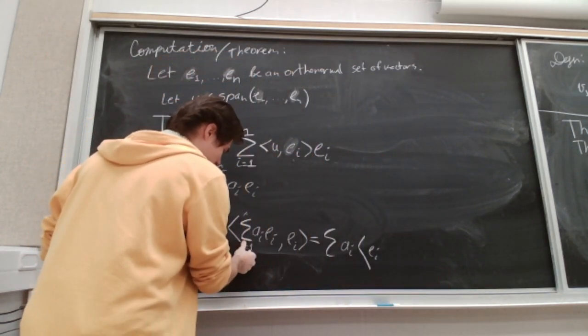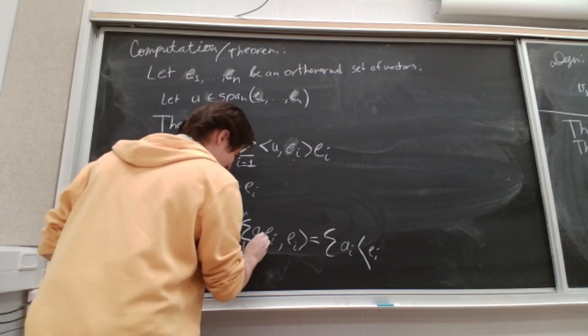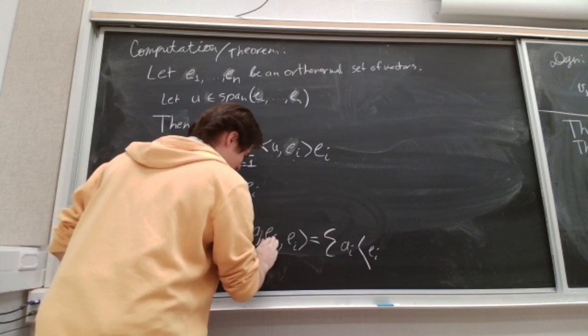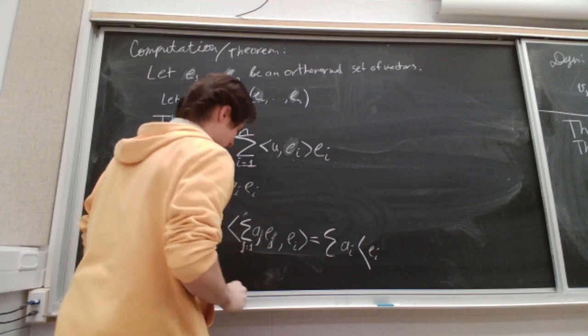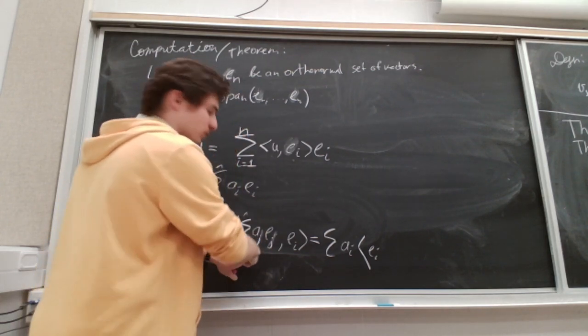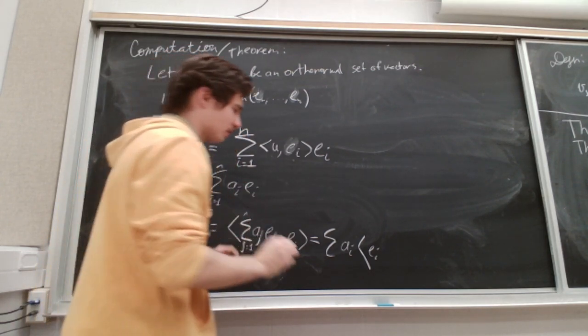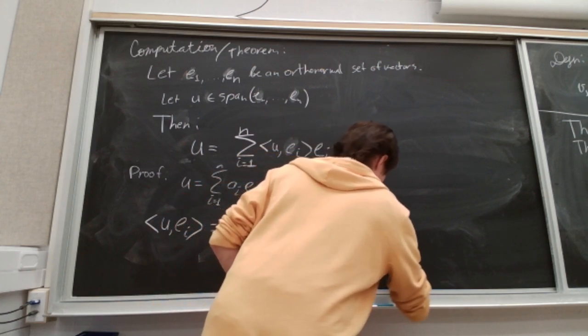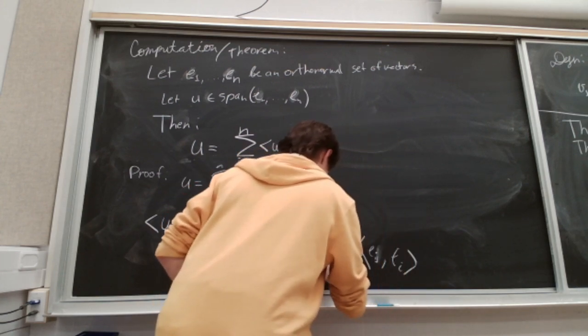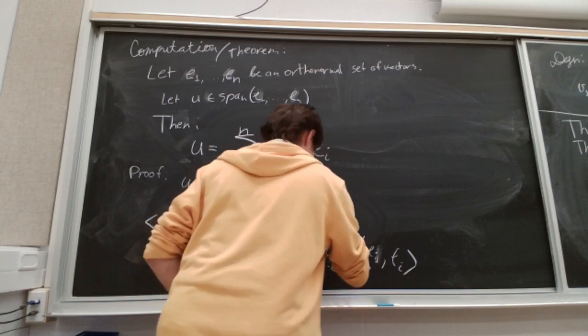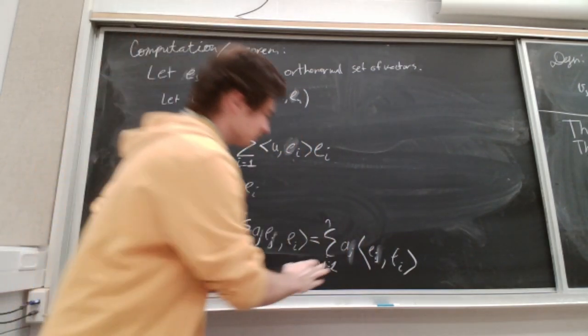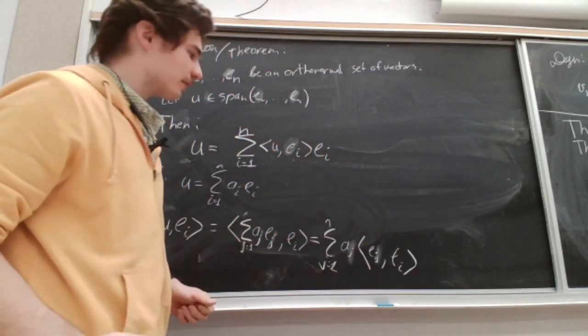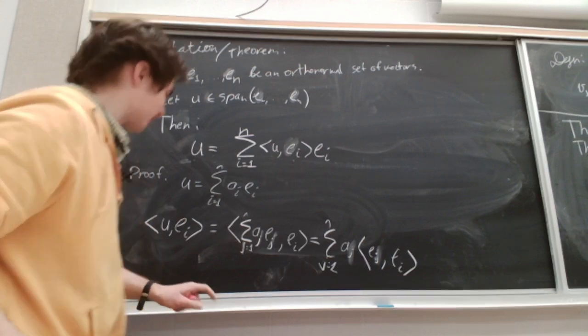Let me use j, so I'm not using the same index for two different things. So this is the sum over j equals 1 up to n of aj, ej inner product ei. Do you agree?